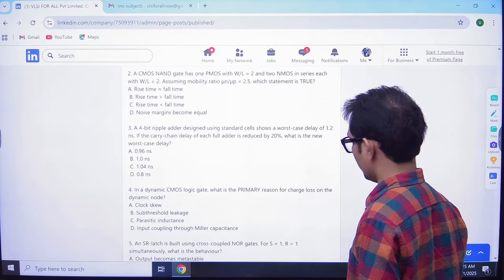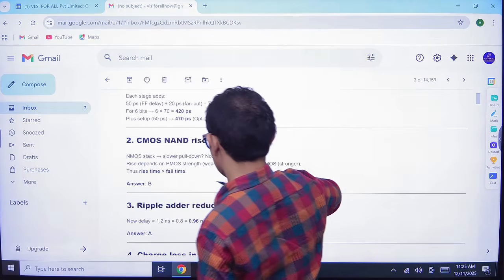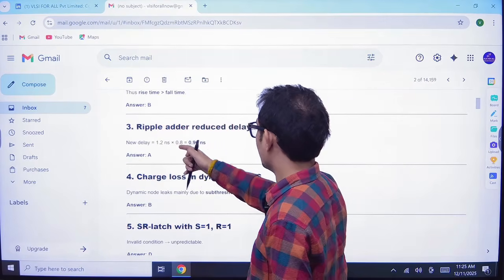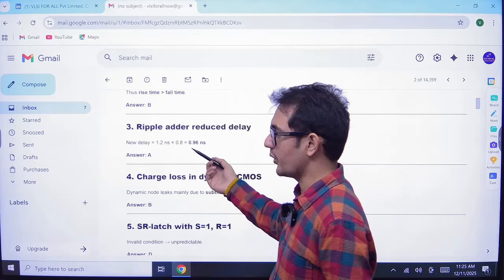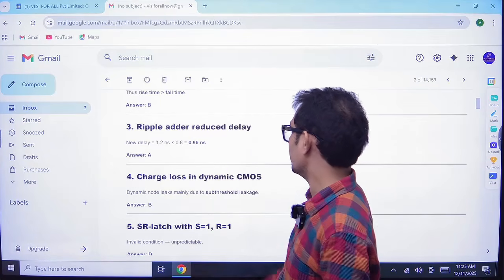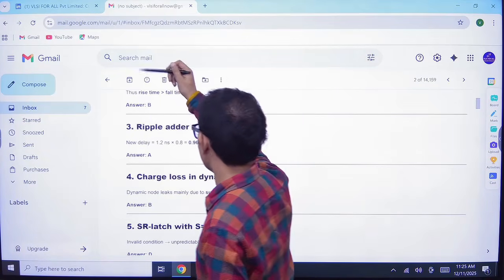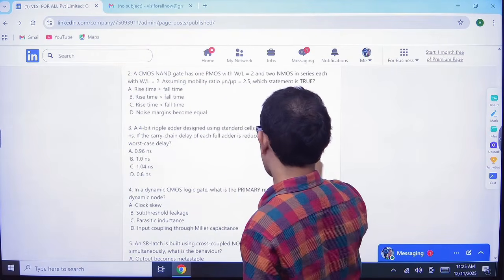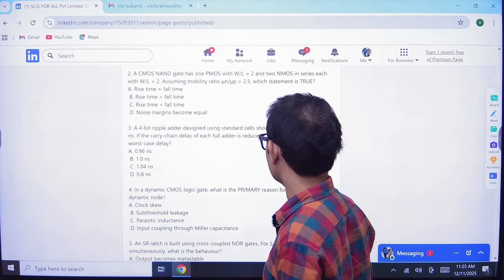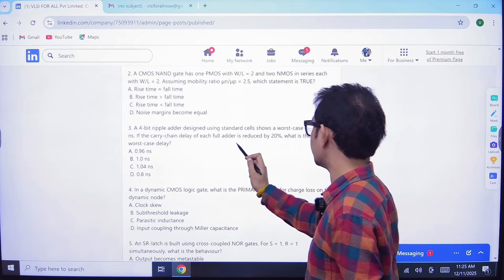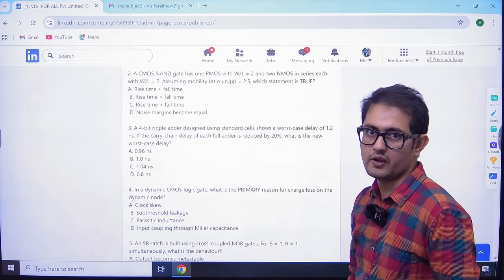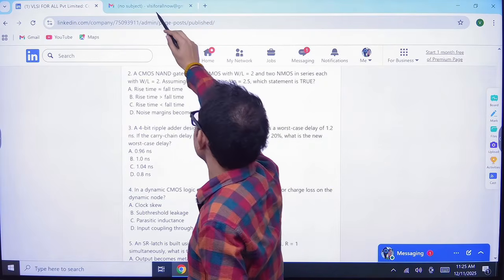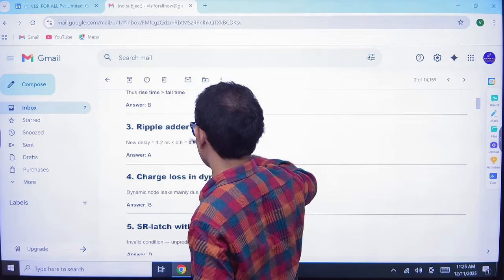We have reduced the delay by 20%, which means we have to multiply the old delay by 0.8. It works because in each stage we have reduced it by 20%. If it is not each stage, then we have to calculate it separately. So the correct answer is A.